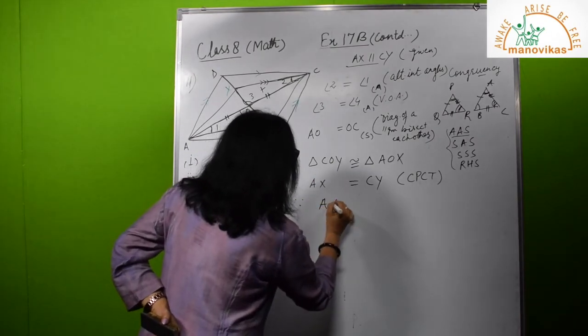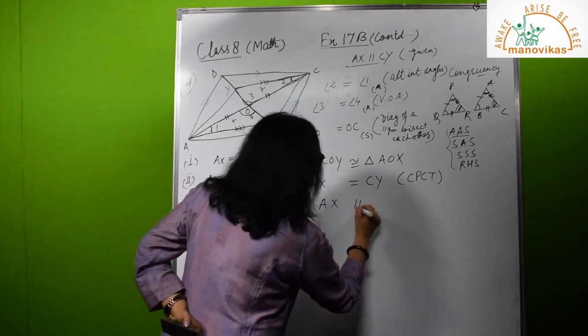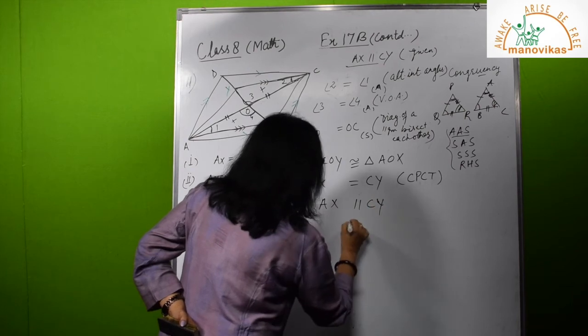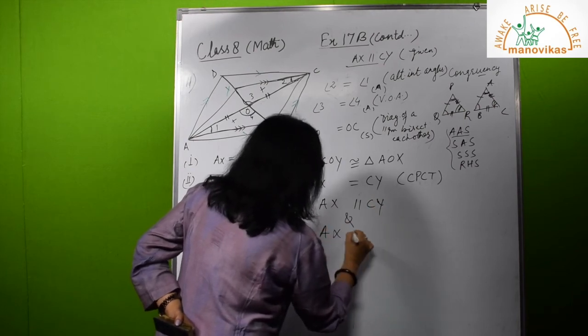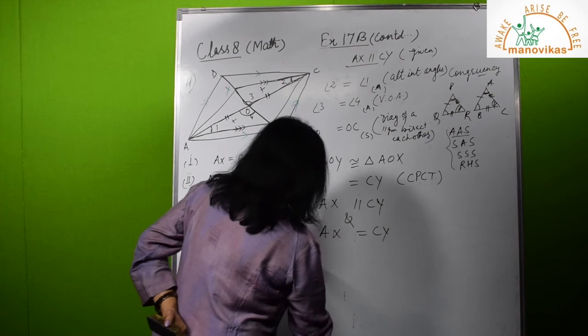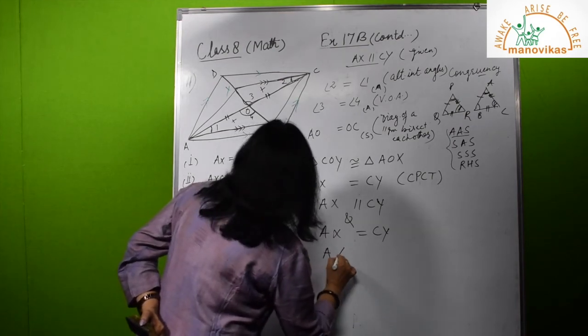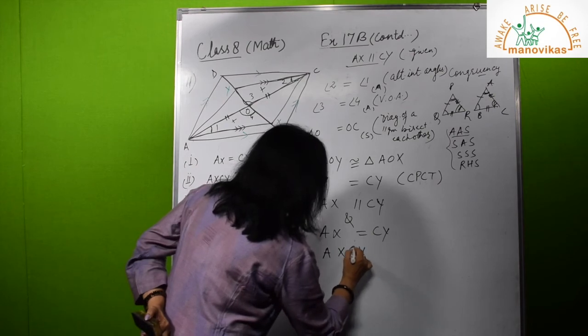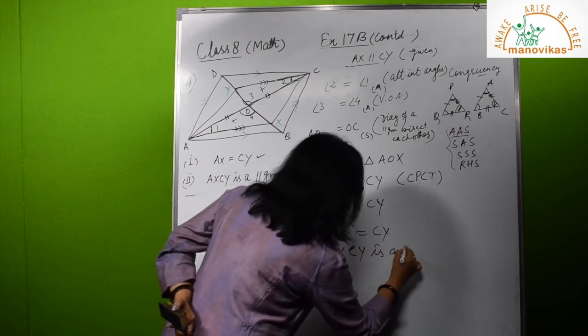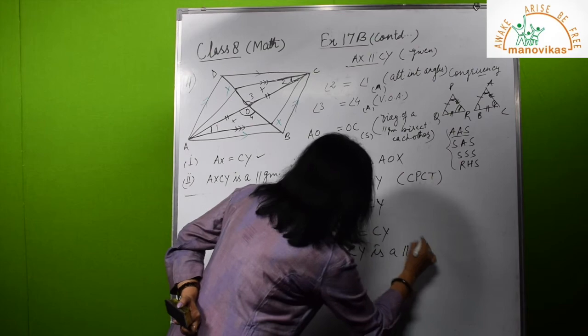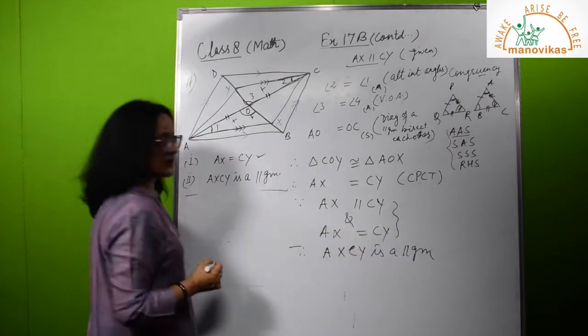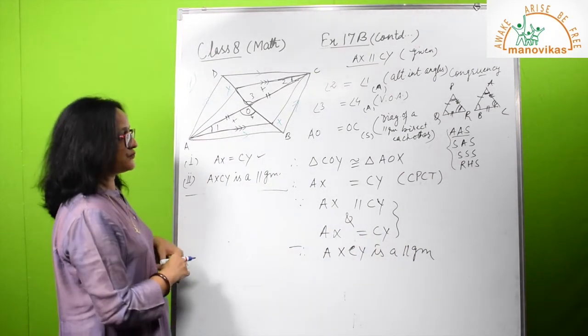Since AX is parallel to CY and AX is equal to CY, therefore AXCY is a parallelogram. Only you have to mention this result, then it will be proved.